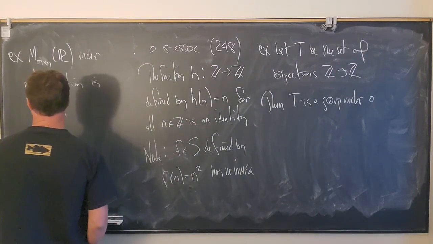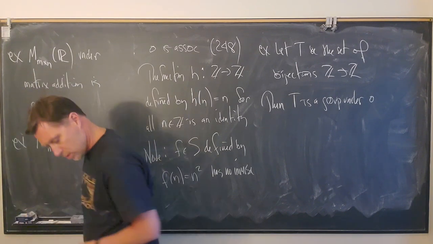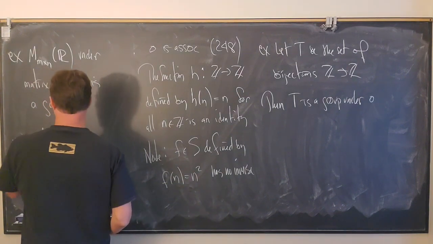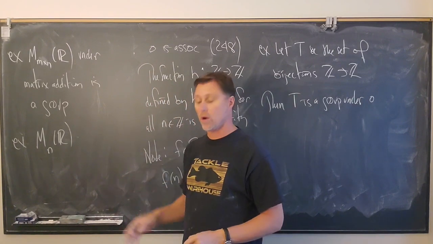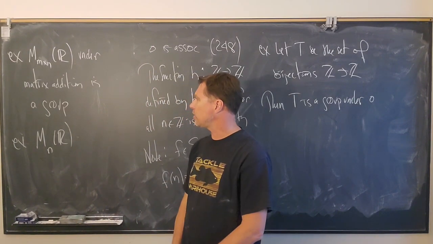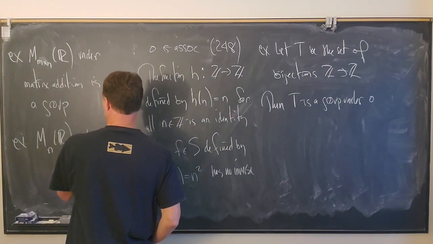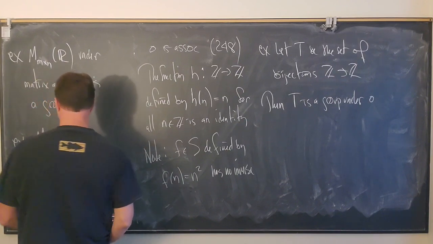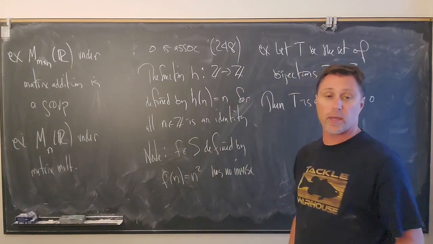Next example, so now let's look at M sub n by n. Actually, I just want to use a single n here, M_n(R). So who is this? This is the set of n by n matrices with entries in R. And you can go through the properties. So now under matrix multiplication, let's see, if you multiply two n by n matrices, you get an n by n matrix.